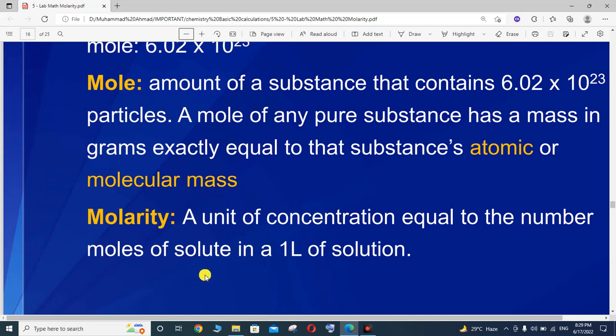What is molarity? Molarity is a unit of concentration which is equal to the number of moles of solute in 1 liter of solution. So you have 1 liter, and you have to dissolve that specific number of moles of solute which is given, in 1 liter of solution.